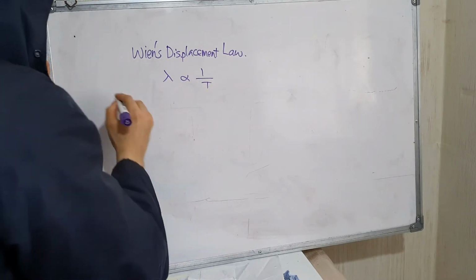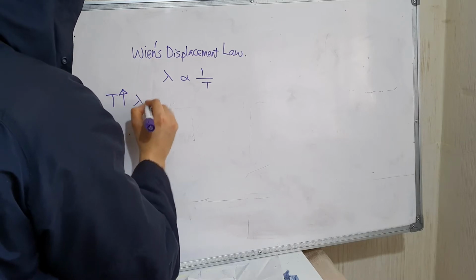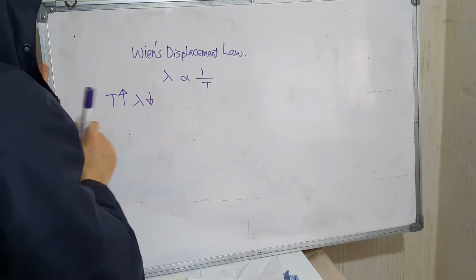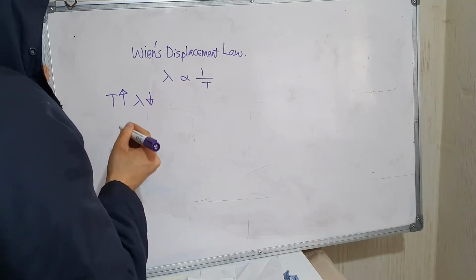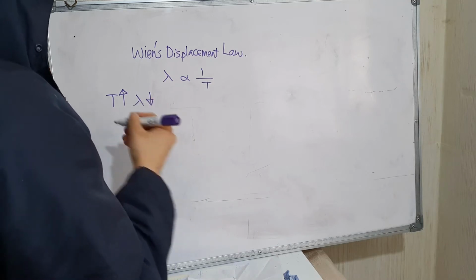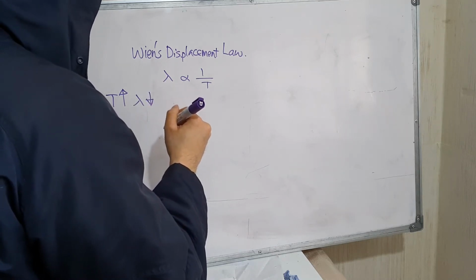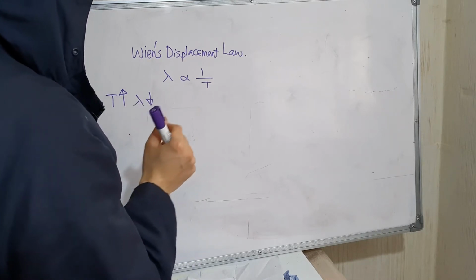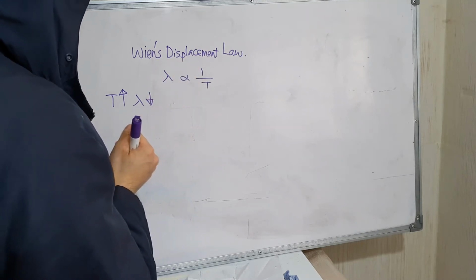So the higher the temperature, the lower the wavelength. For example, if something is cool but still hot, it will be red. As you increase the temperature, it becomes yellow, white, and then blue, bluish. Now the blue comes from ultraviolet, but we just see that blue part of the ultraviolet.